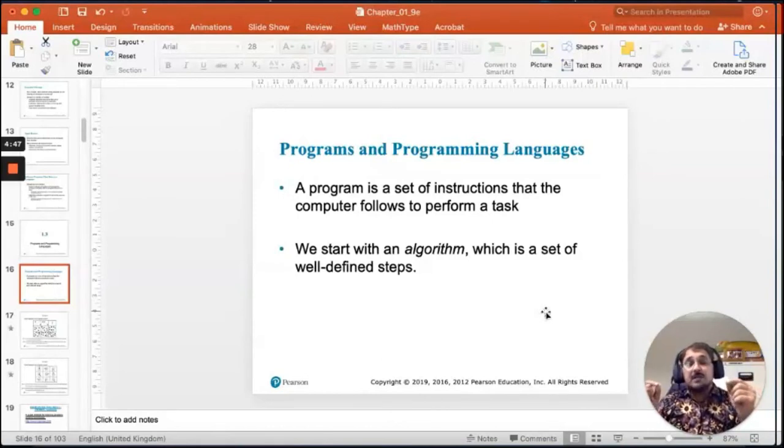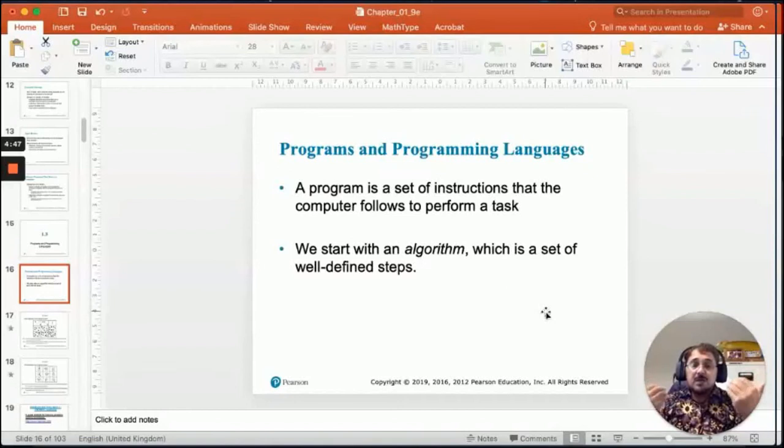Let's suppose step 1, get a value from the user. Step 2, store that value in a variable A. Step 3, get another value from the user and store it in B. And the third step, add the two values A and B into C. And the fourth step, display the value on screen.